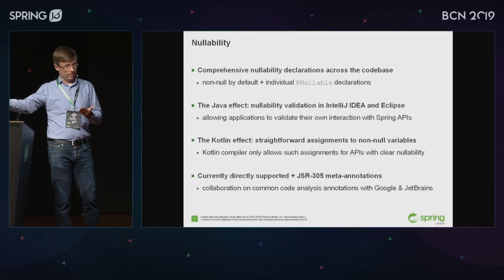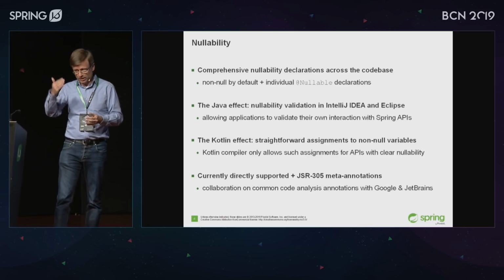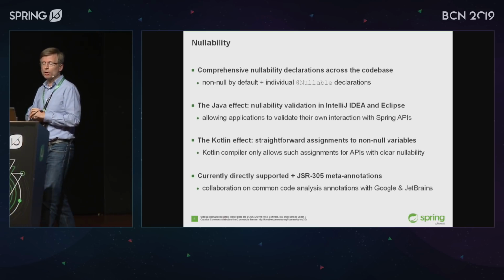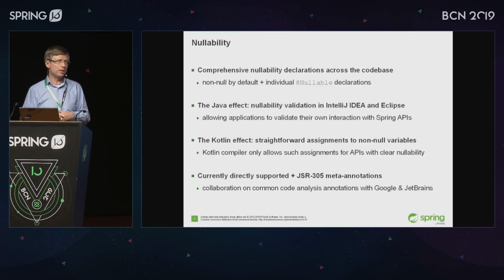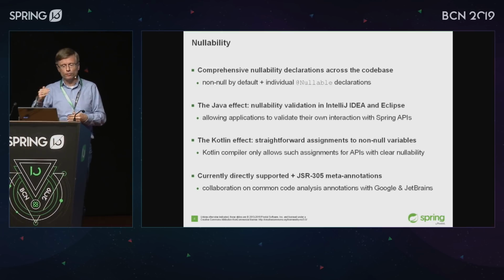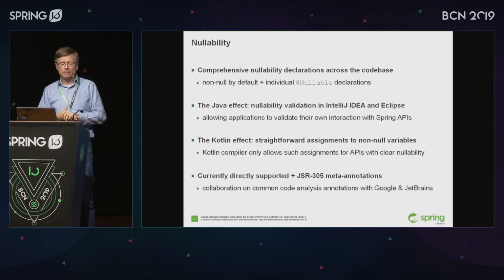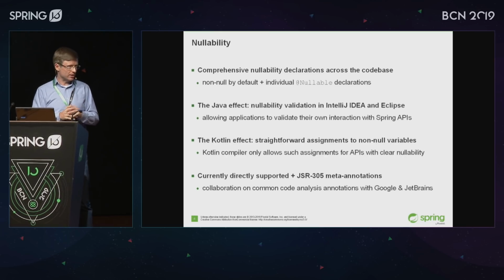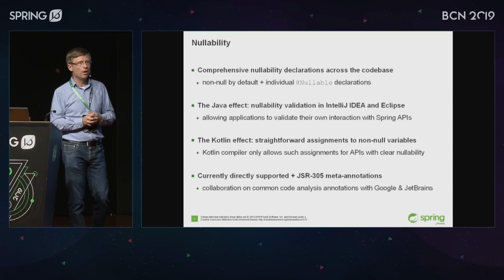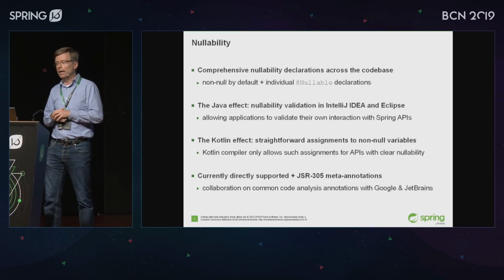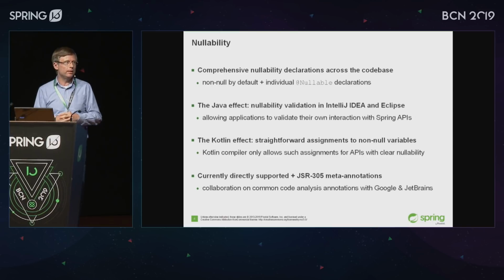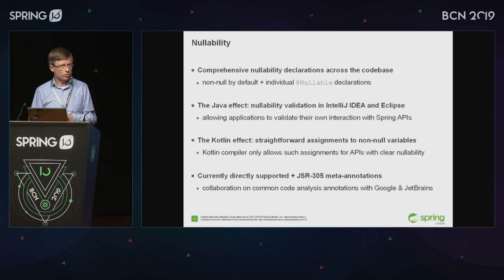Whereas if you're calling a Spring API method which is cleanly declared to be non-null, the Kotlin compiler is going to happily allow the assignment. This is one of the reasons why we did this, not only for the Java tooling, which is nice, but in particular for the interaction with the Kotlin compiler, which is really quite an important enabler in our Kotlin story.